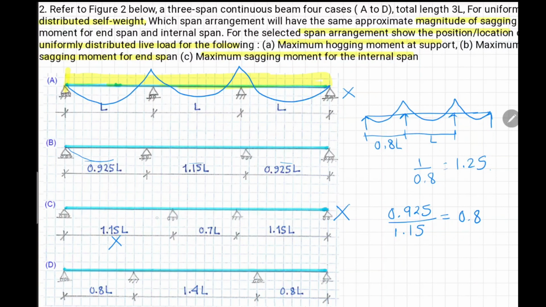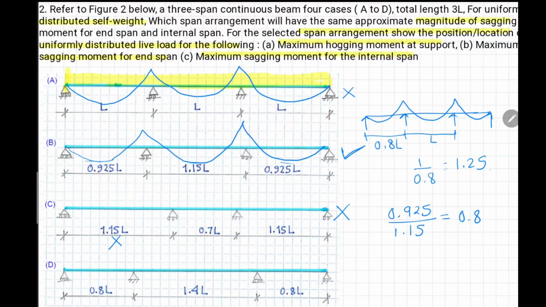So yes, the end span is around 80% of the internal. So this is the correct arrangement to have the sagging moment approximately the same for all the 3 spans.